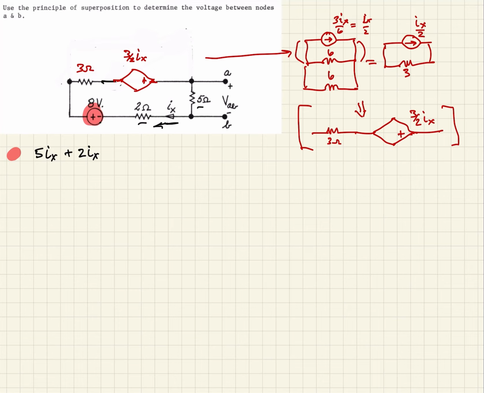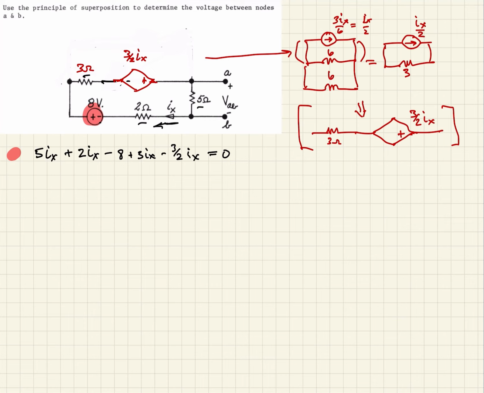We hit the negative sign first, so that's -8. Then we have this 3 ohm resistor, so that's going to be plus 3ix. And then we have our dependent voltage source, so again we hit the minus sign first, so that's -3/2 ix. And that gets us back to where we started, the 5 ohm resistor, so that's going to equal 0. And so this is one equation, one unknown.